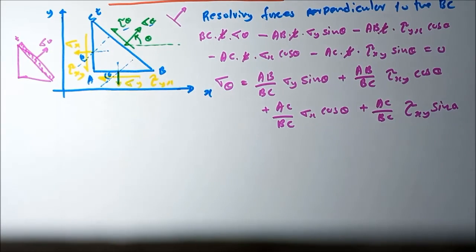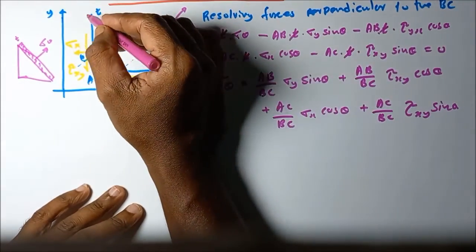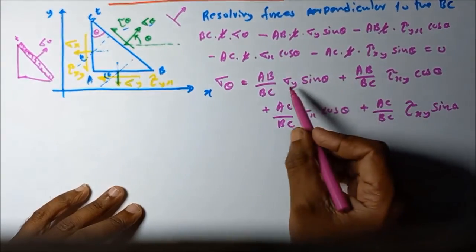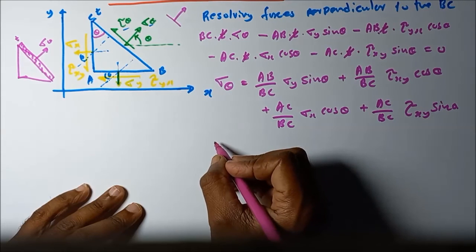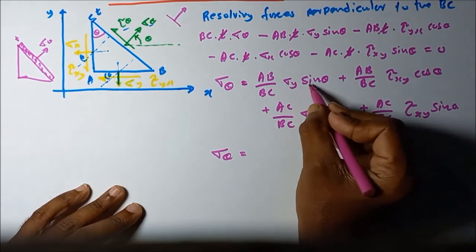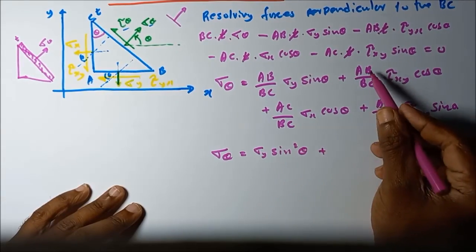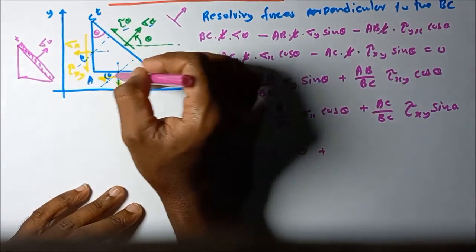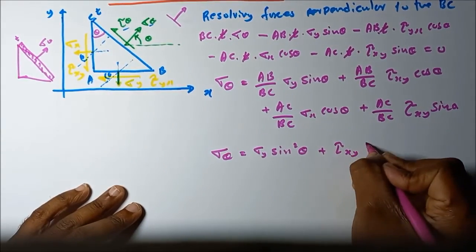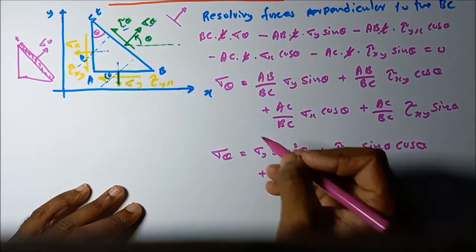Okay, then what is meant by this AB divided by BC? According to this ABC triangle, this is theta. AB divided by BC is equal to sin theta. That means in this equation, sigma theta is equal to sin theta into sin theta, sin square theta sigma y, plus AB divided by BC, again the sin theta, tau xy sin theta cos theta, plus AC divided by BC.